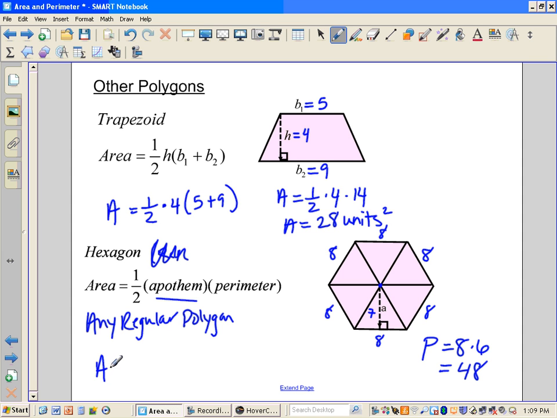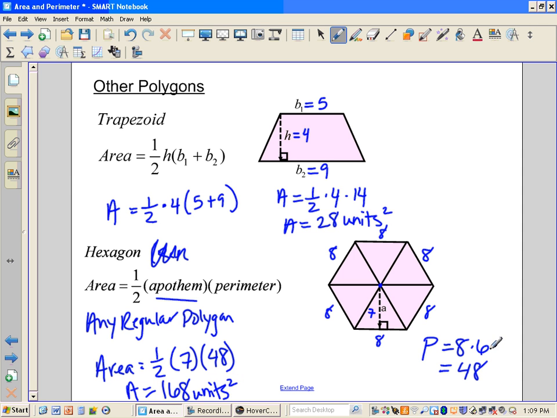So to find the area of this, I'm going to do 1/2 of my apothem of 7 times the whole perimeter, so that I take into account the whole hexagon, okay? I'm going to just do this one out of my calculator, so 0.5 times 7 times 48 is 168 units squared.